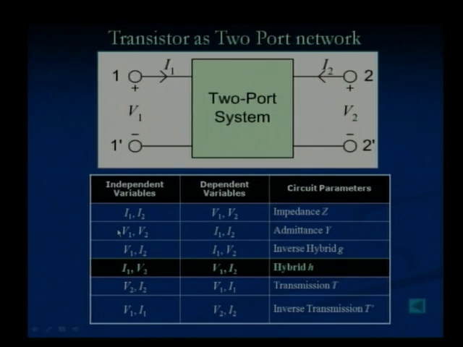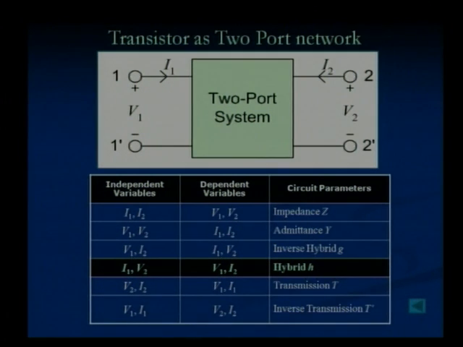Now if out of these four variables I select I1 and V2 as independent variables and V1 and I2 as dependent variables, then the relations we obtain and the parameters we generate are called the hybrid or H parameters of the circuit.